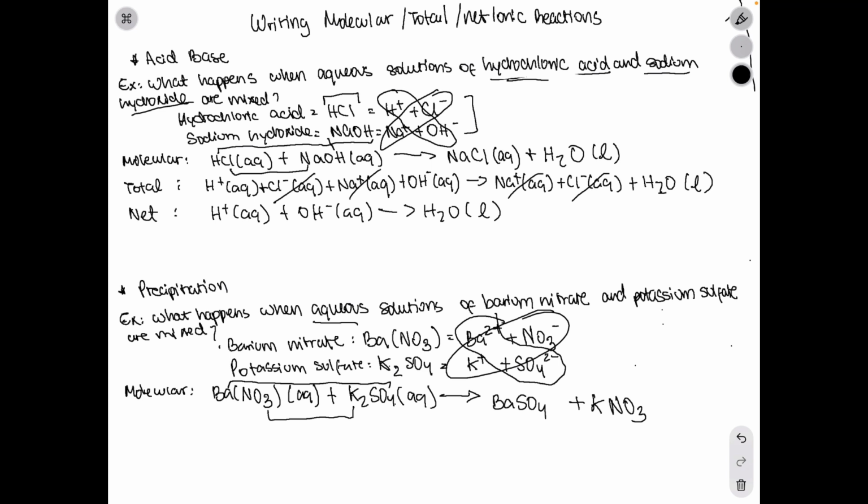So that means it's a solid, and also weak. Then for KNO3, all K's are soluble, so it's going to be aqueous. So we have 3 aqueous, so 3 strong, so they're going to dissociate into their ions.